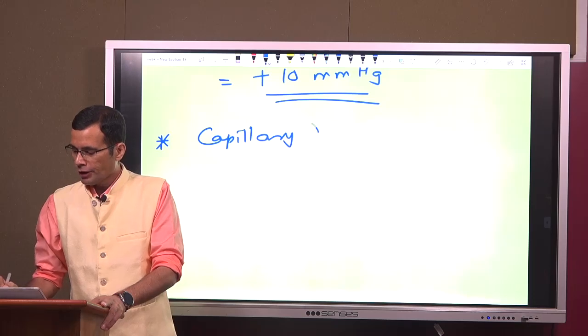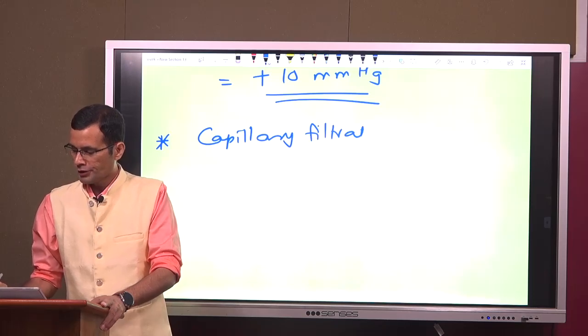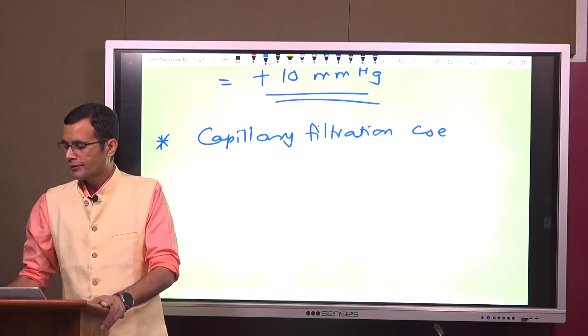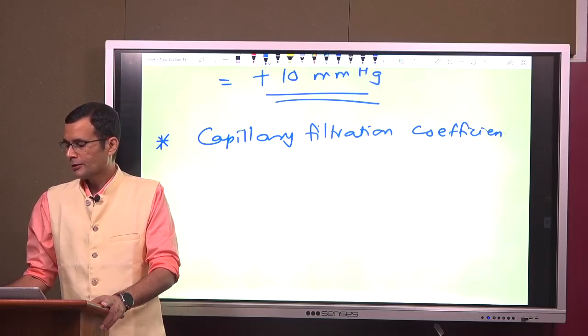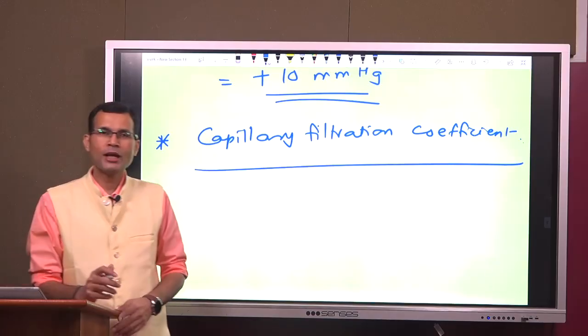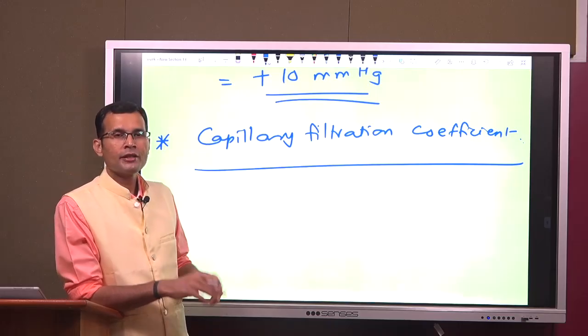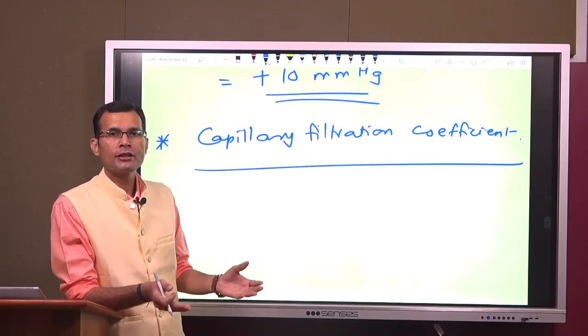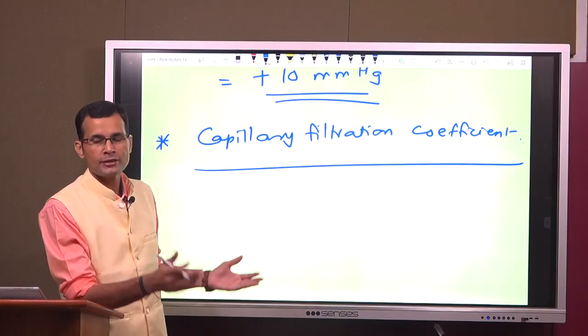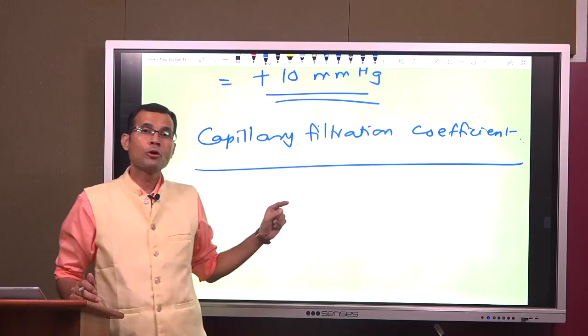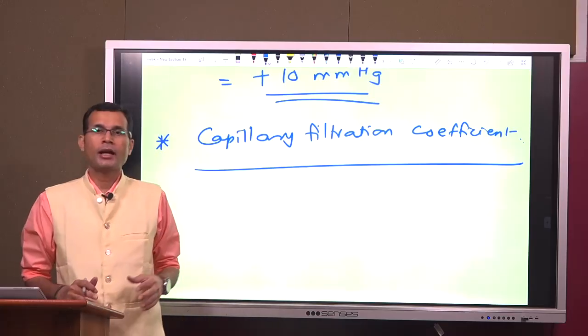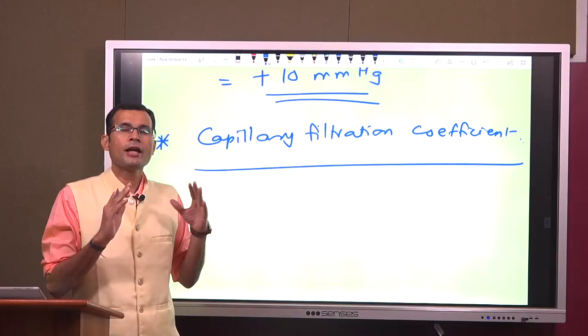What is capillary filtration coefficient? In the previous section, I mentioned this, that you will have to learn it by heart. Capillary filtration coefficient is the rate at which the capillaries filter out the fluids and the substances. In the case of glomerular capillaries, it is highest in the body.